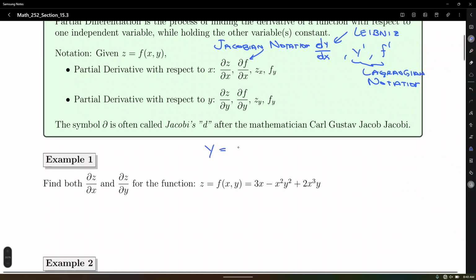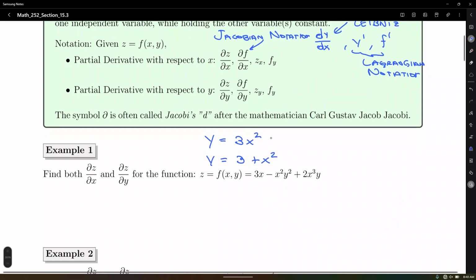So y equals 3x squared versus y equals 3 plus x squared. Let's find the derivative of y equals 3x squared. This is what you would do.